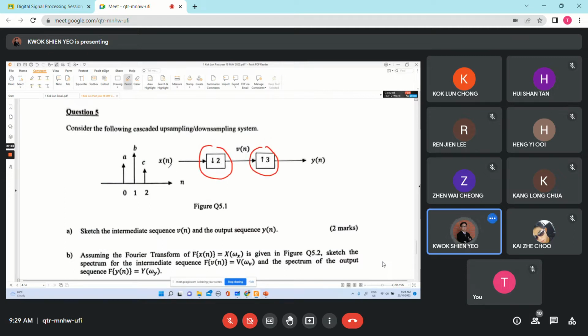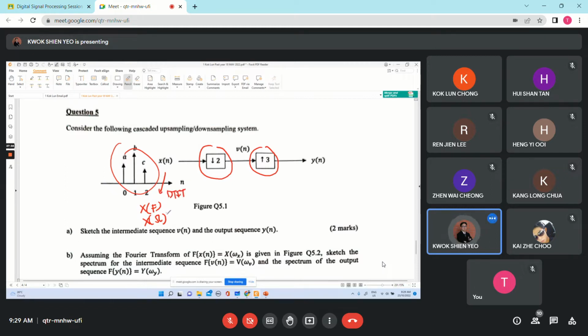So here is the spectrum. You need to find what the spectrum is in terms of X of F or X of omega. Right, so you need to do a DTFT.